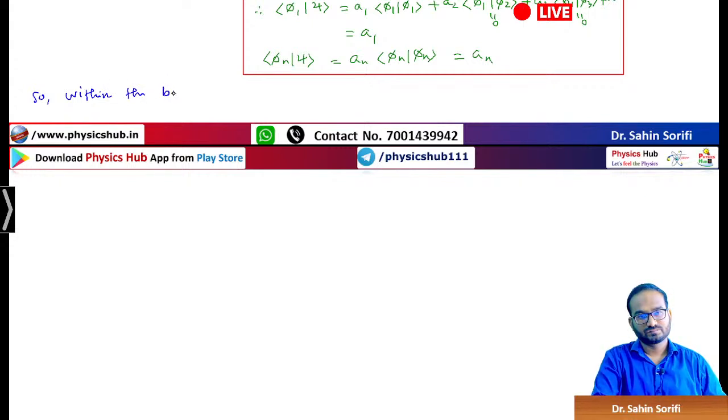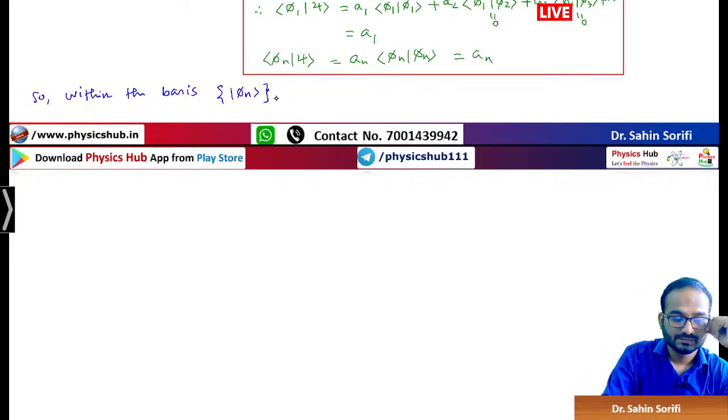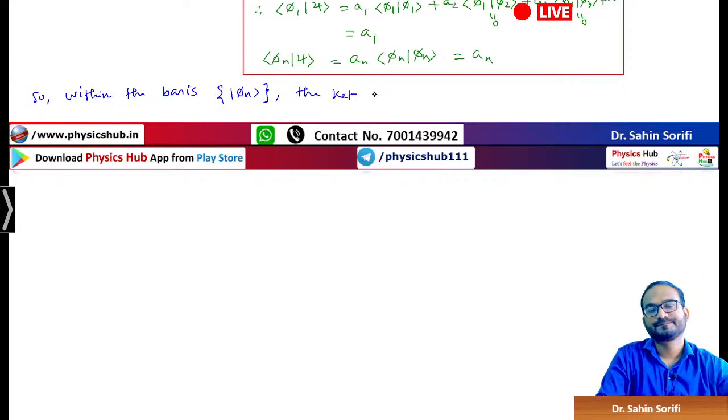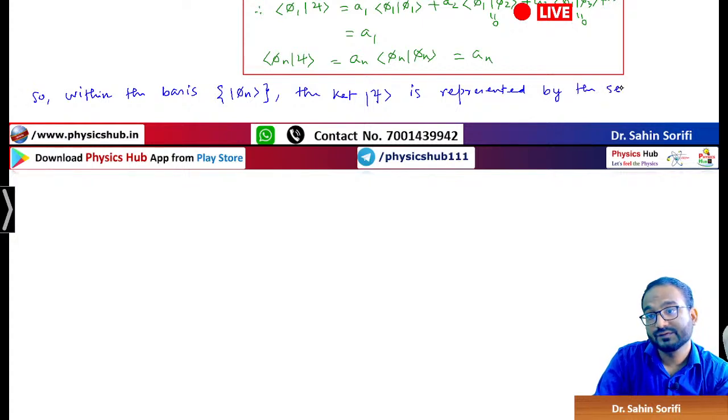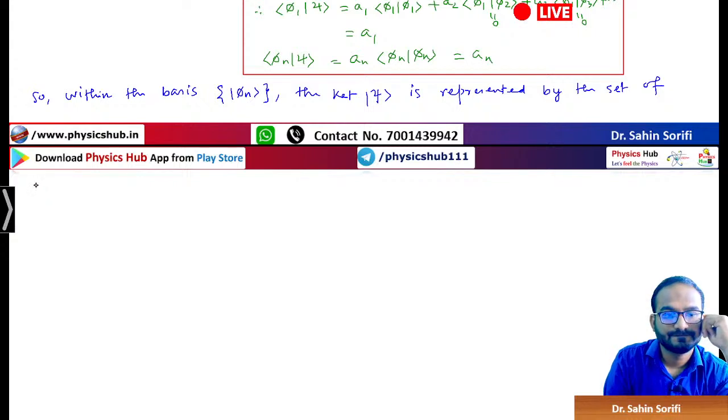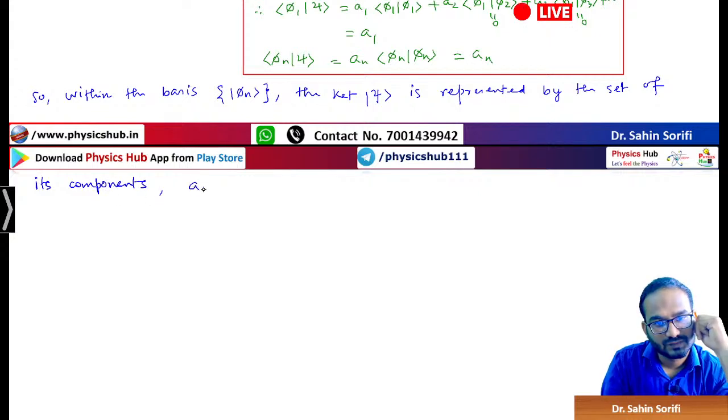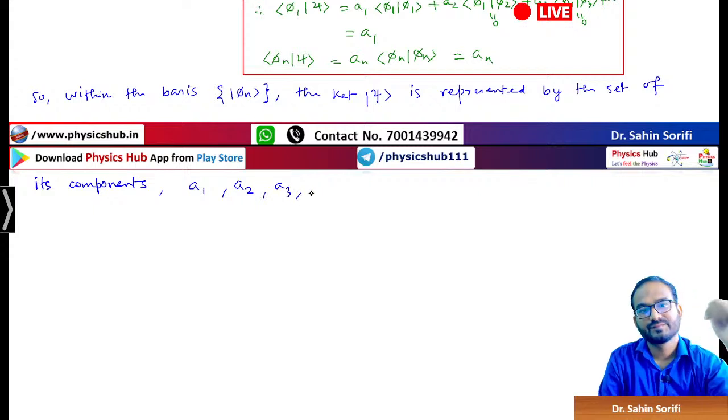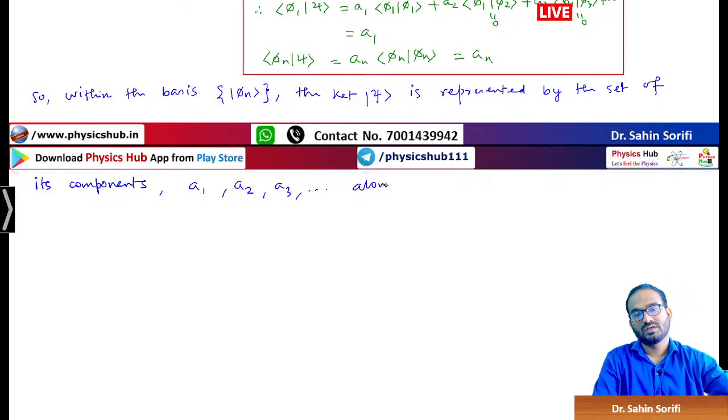Within the basis, let's say phi n, the ket psi is represented by the set of its components a1, a2, a3, and so on, along phi 1, phi 2, phi 3, and so on, respectively.